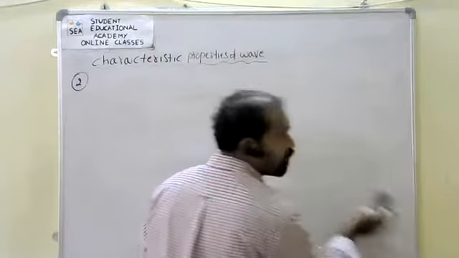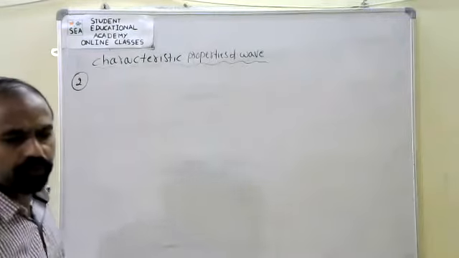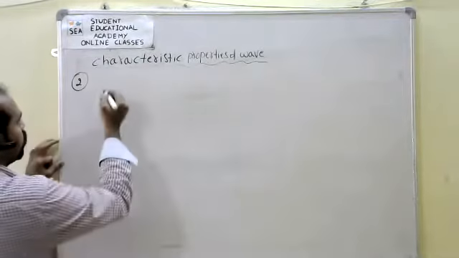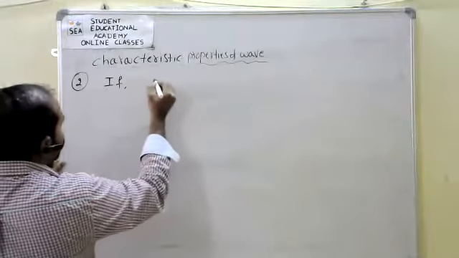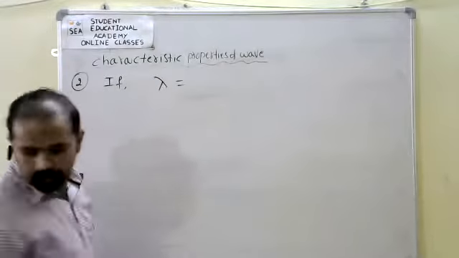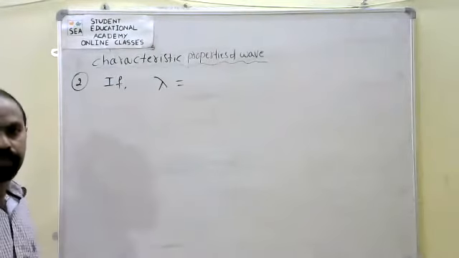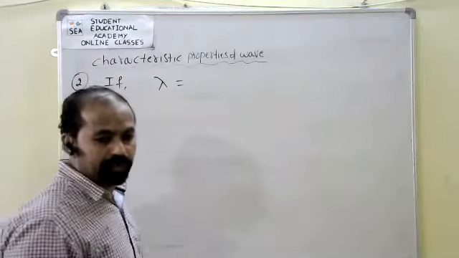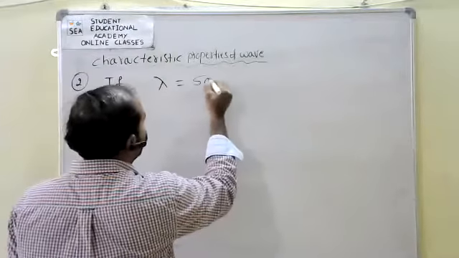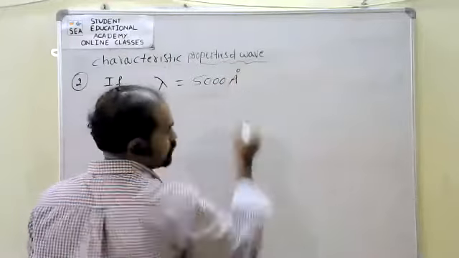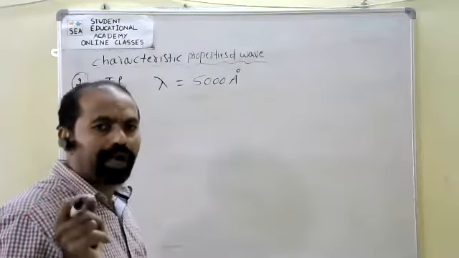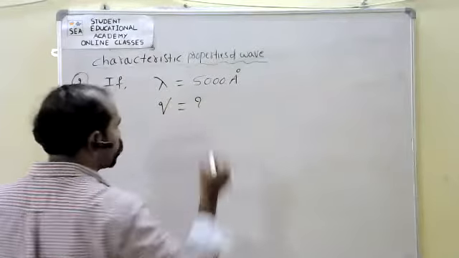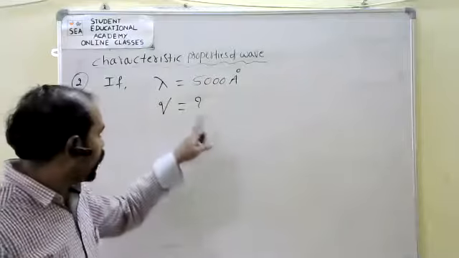If the wavelength of green light is 5000 angstroms, what about its frequency?